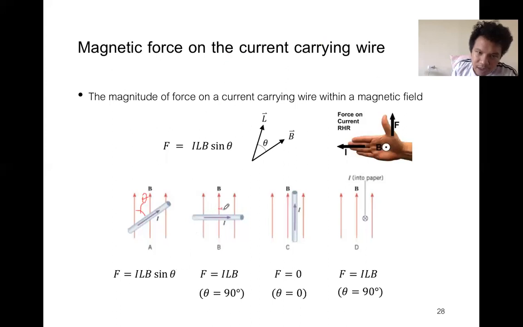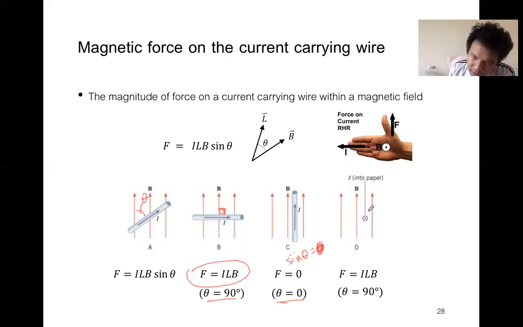If I and B are making a right angle, the magnitude of the force will be ILB. And in this other case, if I and B are in the same direction, theta equals 0, sine theta equals 0, and we have no force acting on the wire.